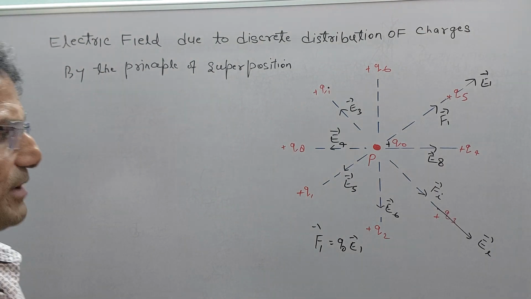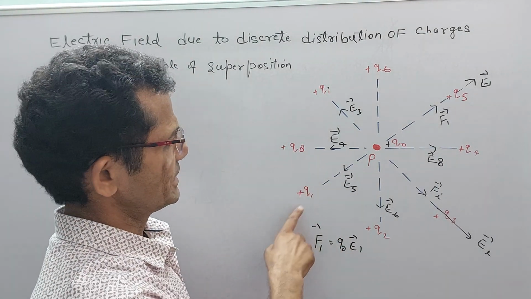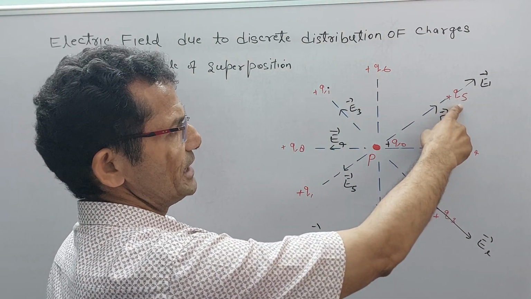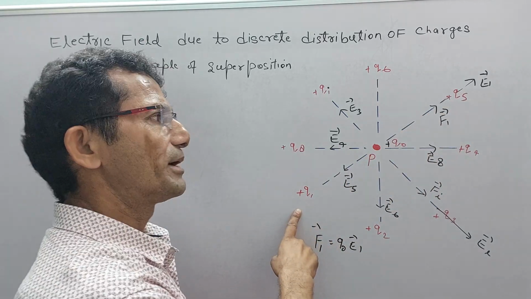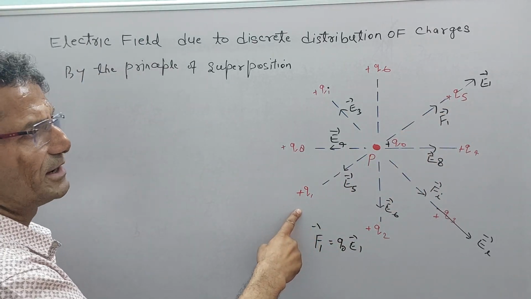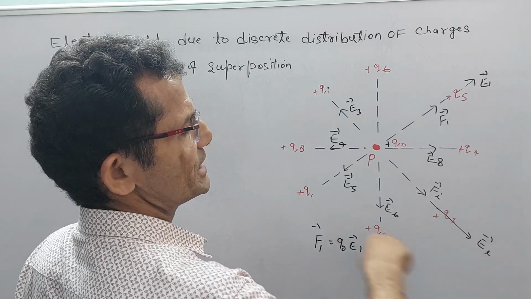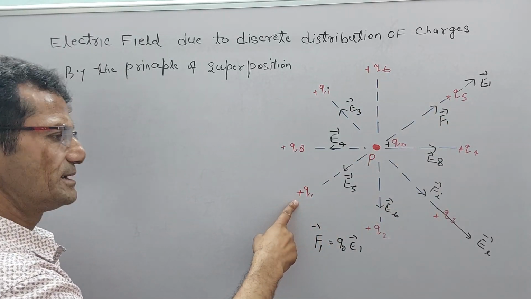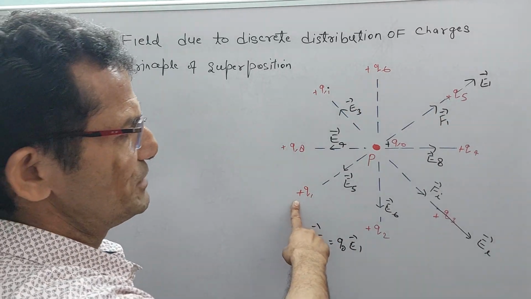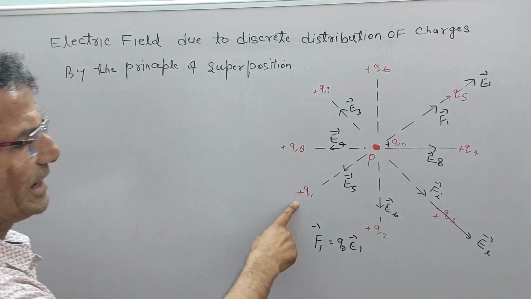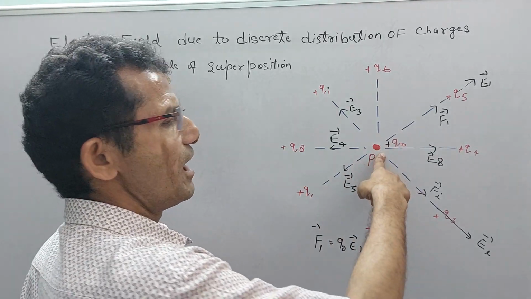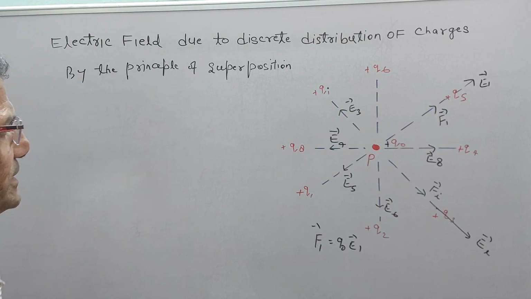E1 is the electric field due to Q1. It will not be disturbed by the other charges which are present near it. It will act individually. So the electric fields are produced individually, and these electric fields will be added vectorially.